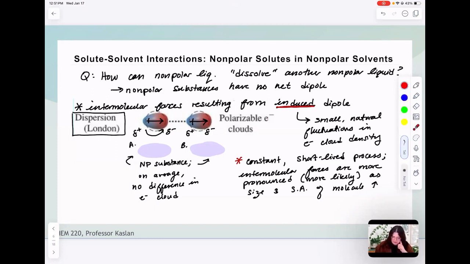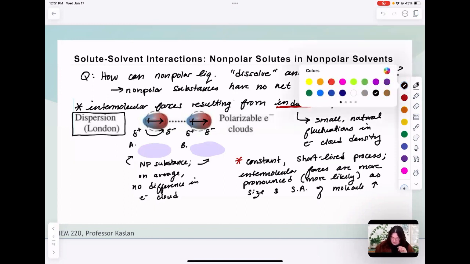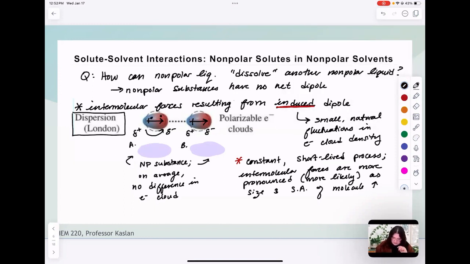So in our example here, looking at molecule A and B, we're looking at probably something that's just a little homonuclear diatomic, like maybe N2 gas.